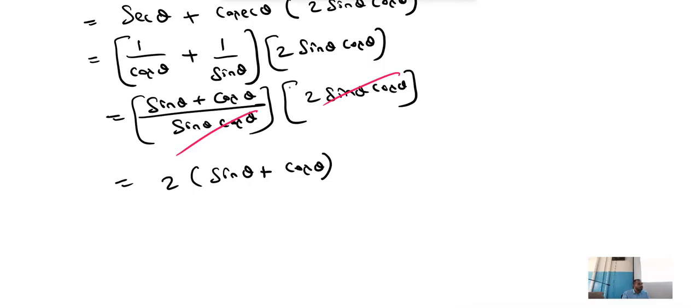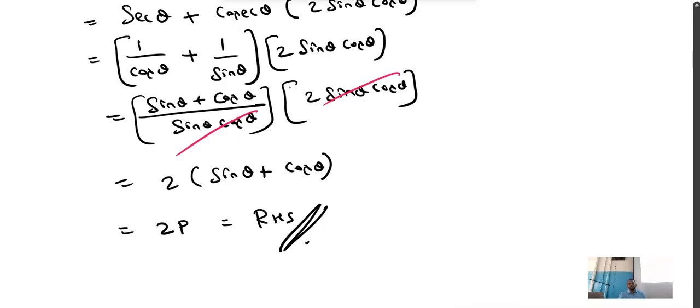That's nothing but 2P. Already in the question, what have they written as P? Sin theta plus cos theta. So in place of sin theta plus cos theta, we can write P. So this is our RHS. Therefore, LHS is equal to RHS. Take down the next question.